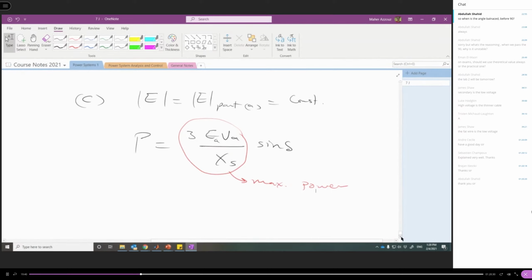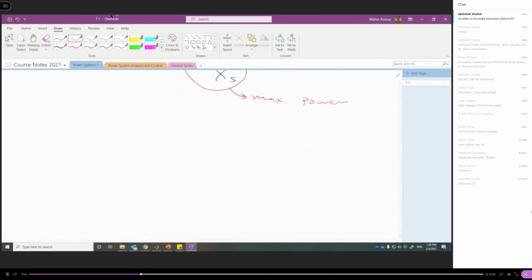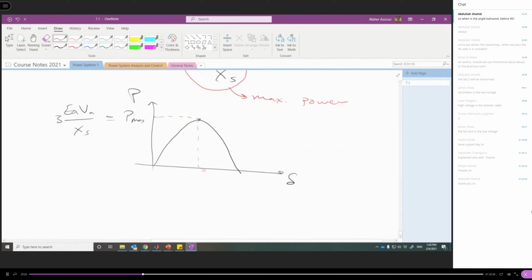If you remember from the previous lecture, we drew the power angle curve, P versus delta. It is like this. This is the maximum power we can get, equal to 3 E VA over XS, and the maximum power angle is 90 degrees. So delta maximum is 90 degrees.